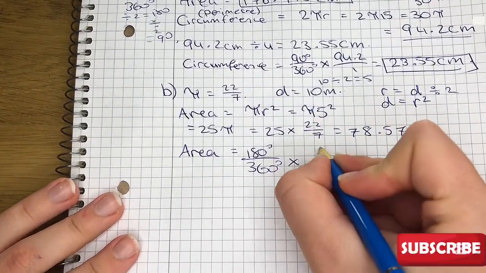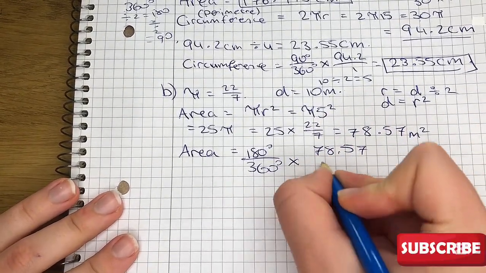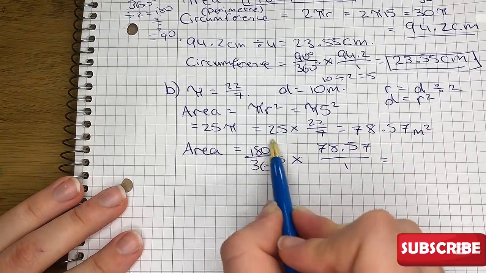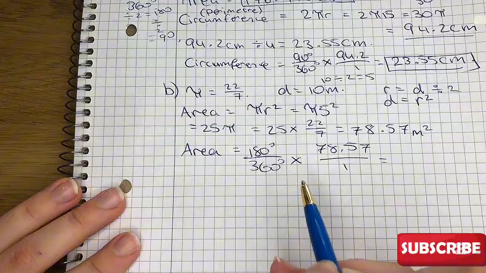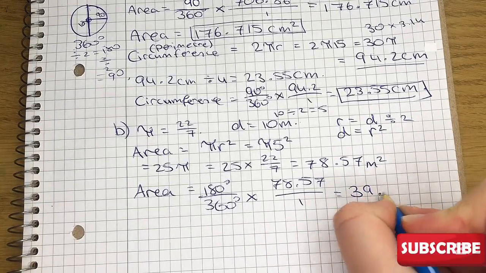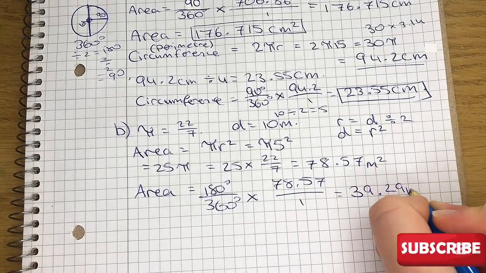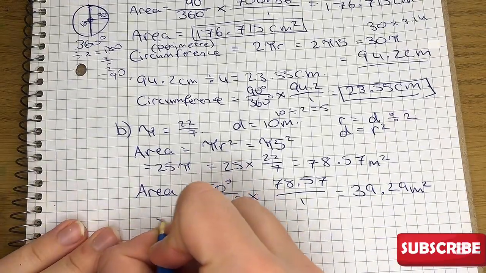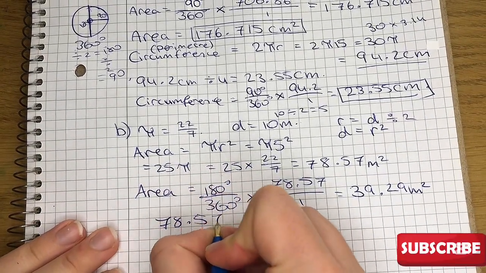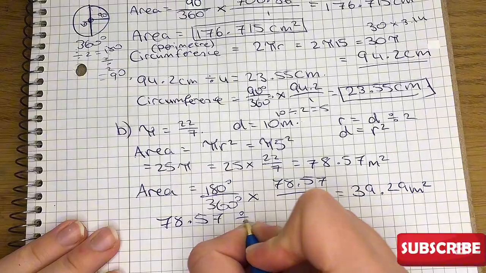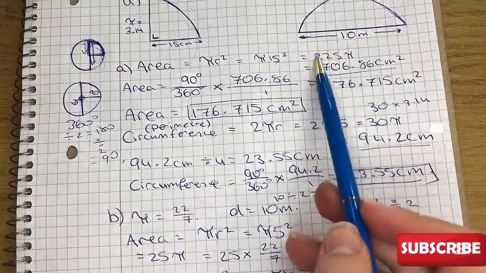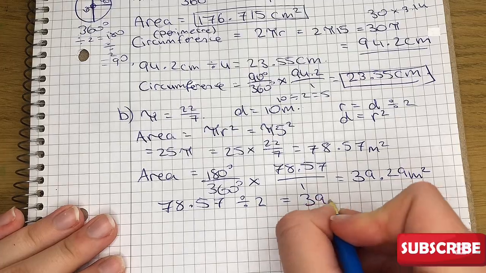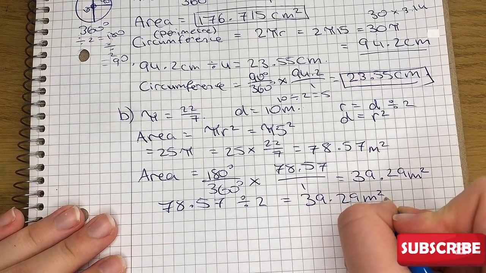So we multiply this out by 78.57 over 1, because this is the area of the full circle, and we're trying to find half of the area. This should give us 39.29 meters squared. Now you could also do 78.57 divided by 2, because this is half, and you should get the same, 39.29 meters squared.